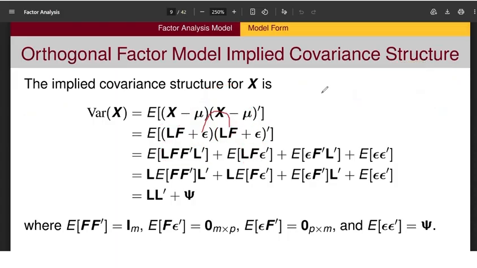So that would be E, LF, transpose. Don't forget, there's a transpose on this. Now, if I open that, it's going to be E, F transpose, L transpose, right? Which is this guy here. Can you see that? And lastly, I'm going to use this to multiply that. Of course, that is E transpose.